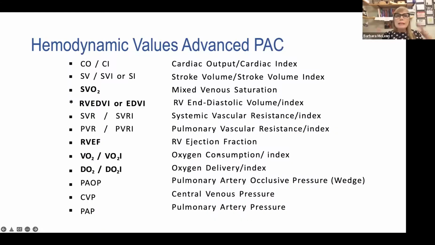Okay, so lots of hemodynamic values within advanced PA catheter, and here's the basic list, and it's not even the complete list of all the variables that you can look at. These are the common ones: cardiac output and index, stroke volume index, SvO2, SVR, PVR, right ventricular ejection fraction, etc. You can see here I've highlighted advanced catheters.